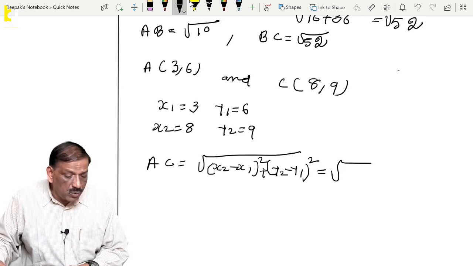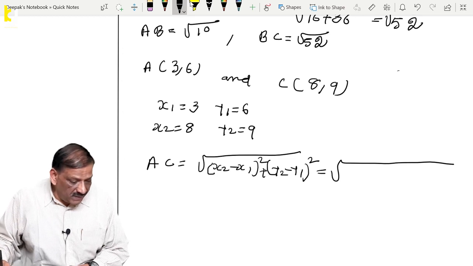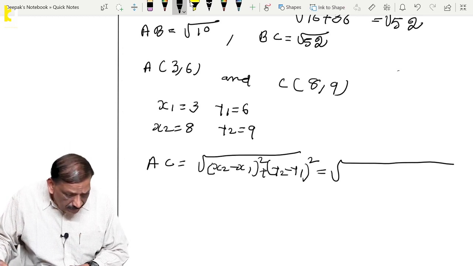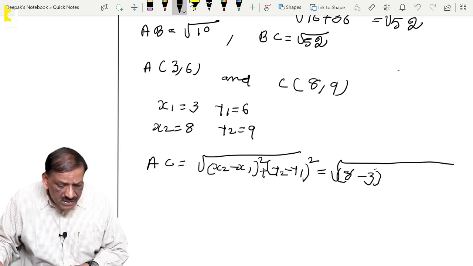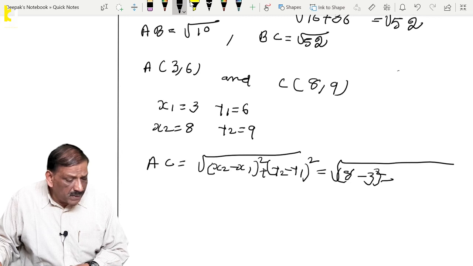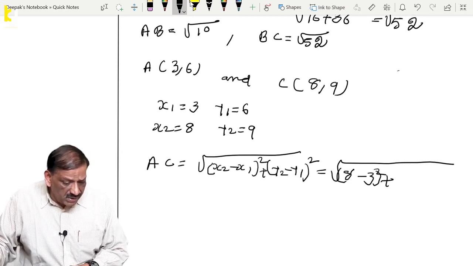That is equal to root of (8 minus 3) whole square plus (9 minus 6) whole square.